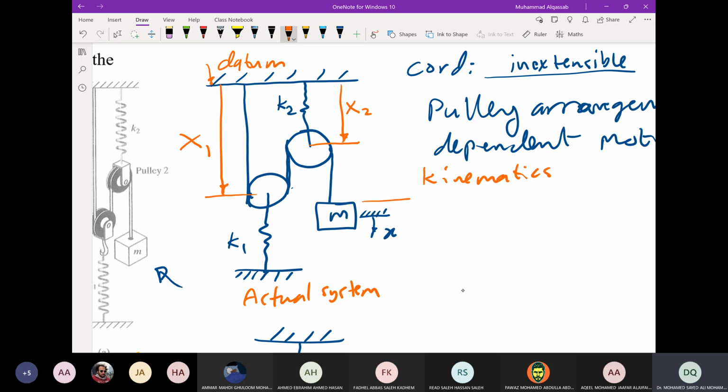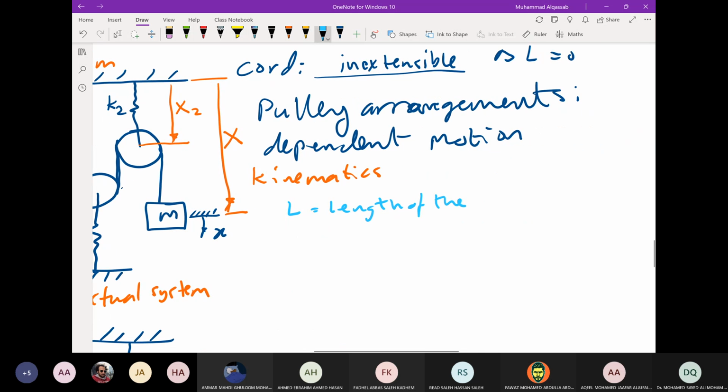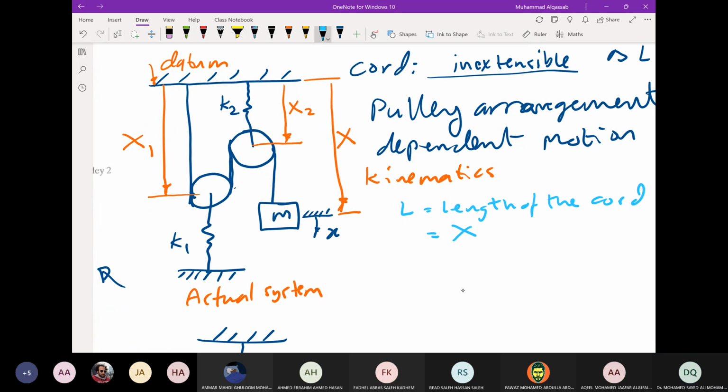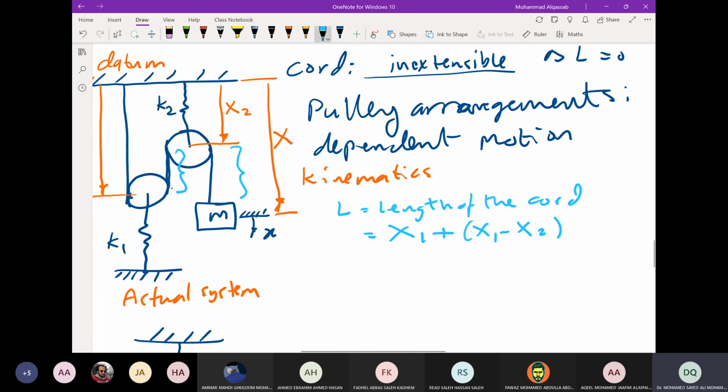And the position of the mass is x. So from the length of the cord, we can find L, the length of the cord, equal to x1 plus this part of the cable, which is x1 minus x2, plus this portion of the cable, which is x minus x2.